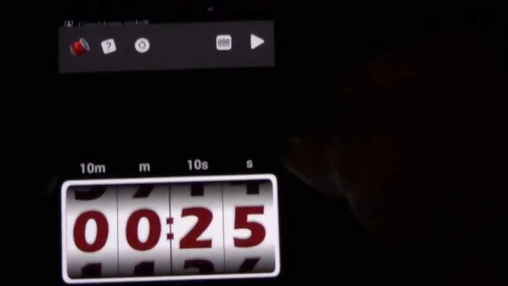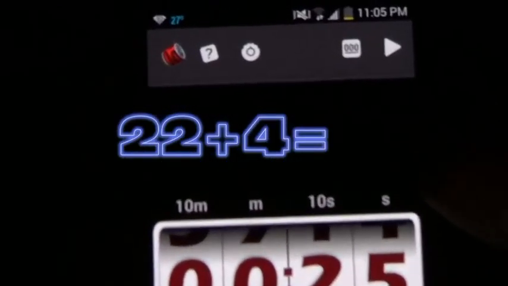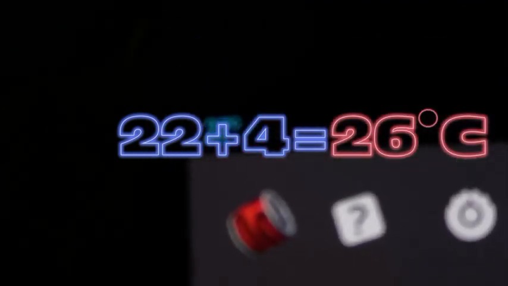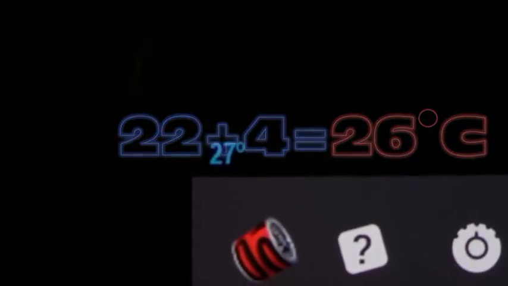Alright, that was 67 if I counted right, and if you divide 66 by 3 you get 22, and you add 4, and you get 26, and it looks like it says it's 27 degrees, so pretty close again.